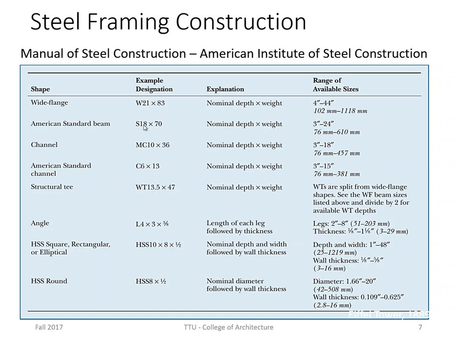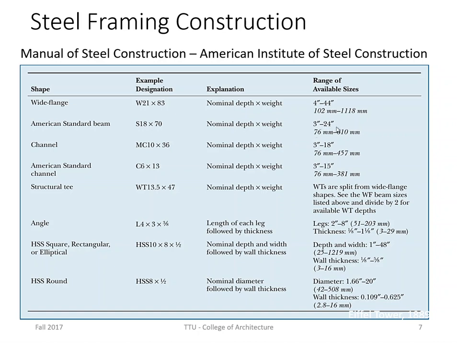Once again, its nominal depth. Now notice that it's nominal depth, and of course we know from wood that nominal means that's the depth it was formed at. When it cools, it shrinks, and so the actual depth may be different. So you need to go to a table if you need to know exactly what the actual depth is. And then the weight per lineal foot.